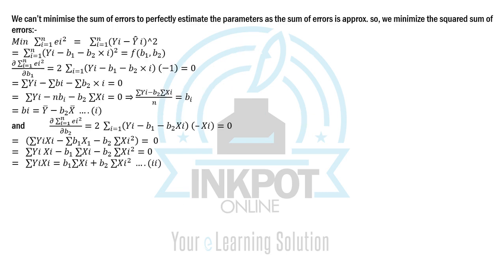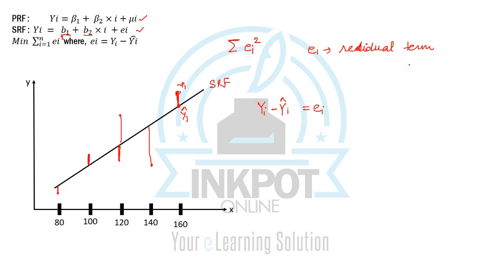We can't minimize the sum of errors only, because the sum of errors is approximately equal to 0. From this figure you can see that some of the values are lying below this SRF and some are lying above this SRF.